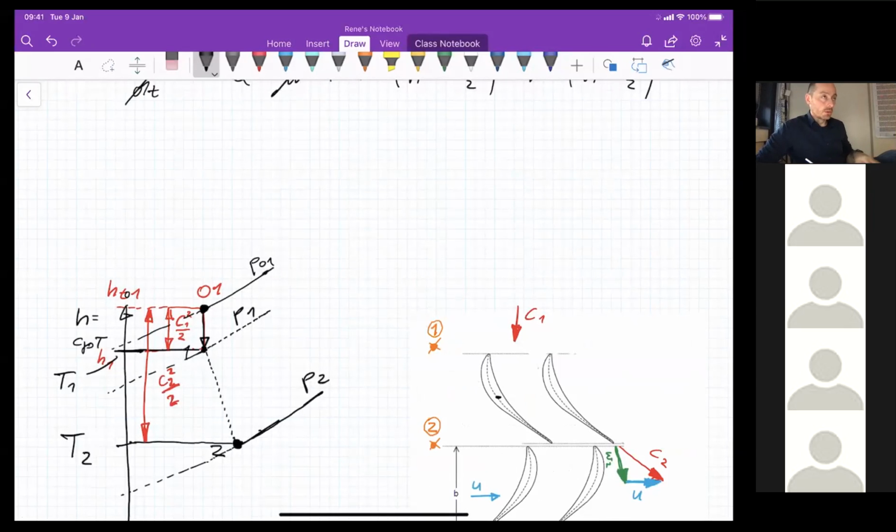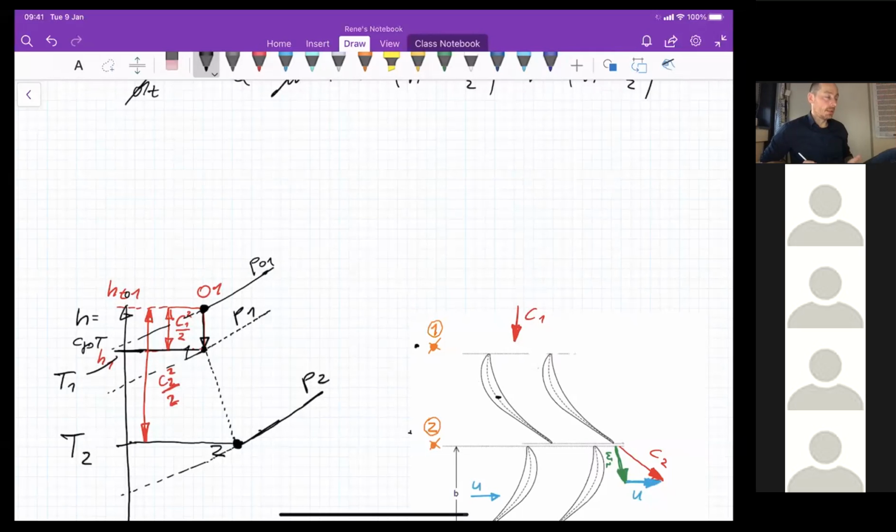So there's a trade-off between the heat transfer within the turbomachinery components themselves, but also with the environment. If the temperature in the stator of a turbine is very high, much higher than the environment temperature, then of course you have heat losses. And heat losses means that you are effectively cooling the flow from 1 to 2, right?